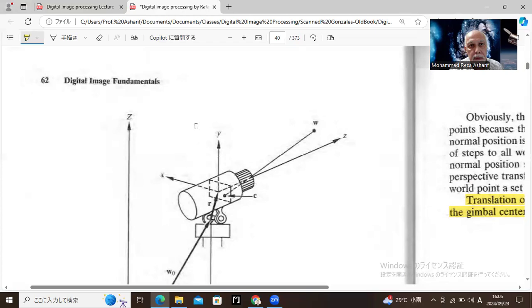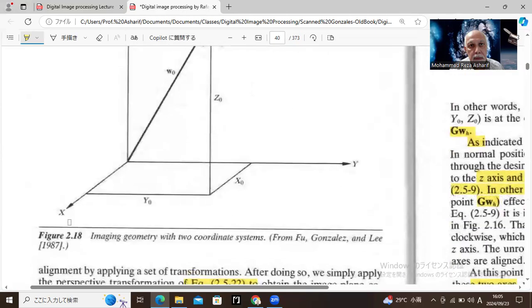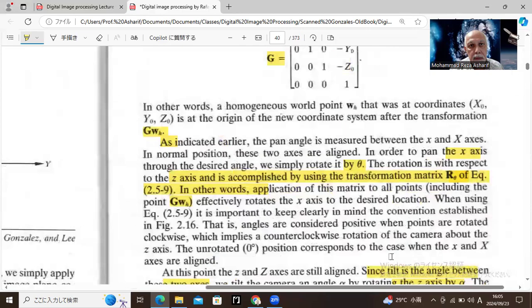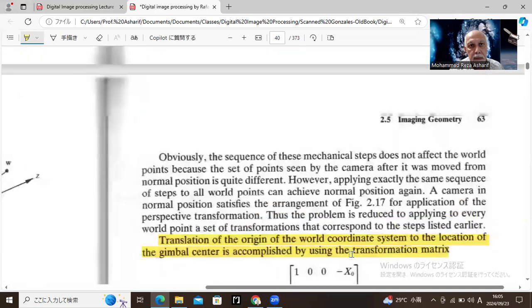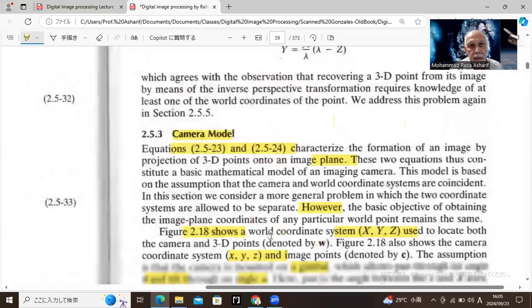After matching this coordinate, small x, y, z, to bring into x, y, z, this is enough here. Later, I will tell you, because this is necessary for this camera model, making these two coordinates match.